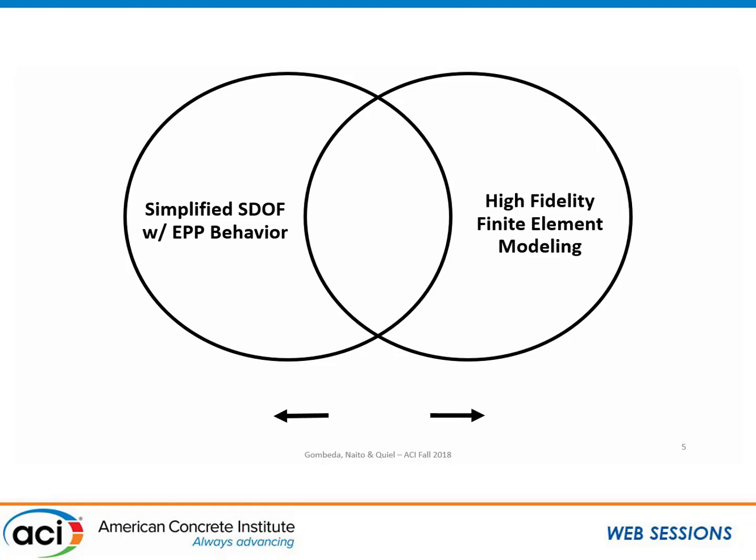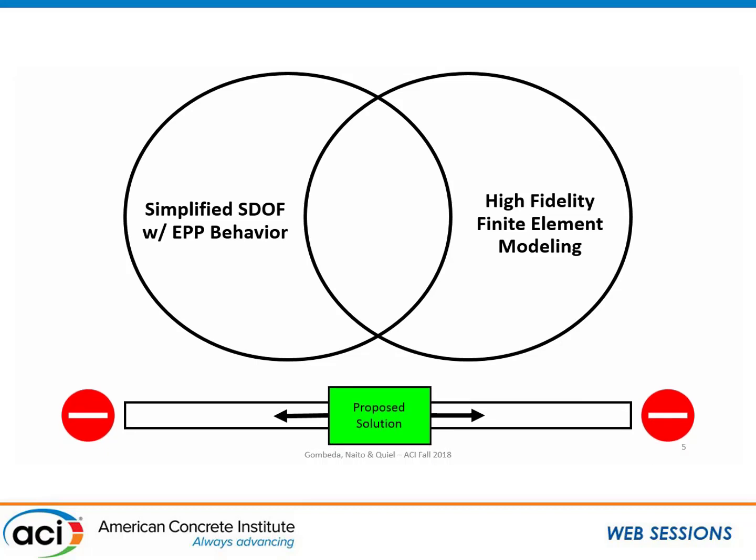Or you can go to something a lot more complicated, like LS-DYNA, for example. That's very high fidelity. You have many, many degrees of freedom, you have spreads of damage, things like that, and that has a high computational cost. It may be more realistic, but what we've tried to do is find the balance between the two.